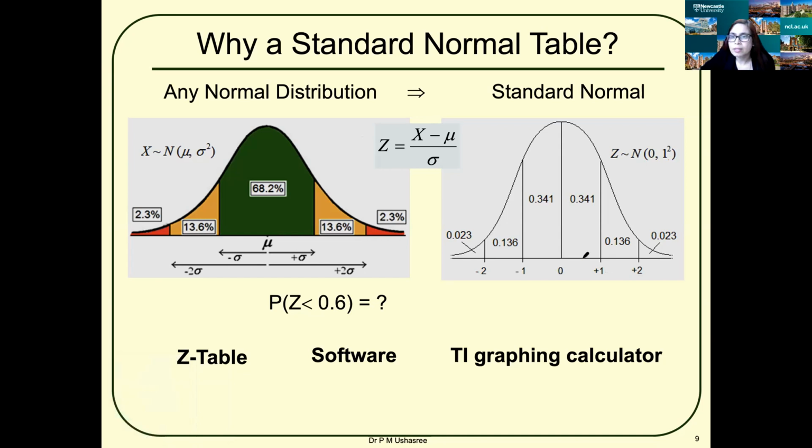Z is somewhere here. What is the probability of finding z less than 0.6? This region. How will you find the probability? That's not possible using the empirical rule. Similarly, what about z less than 0.12? That means somewhere here.